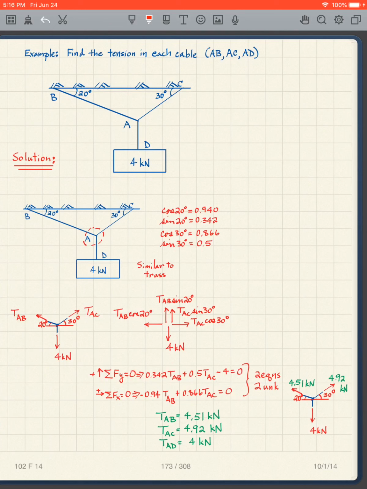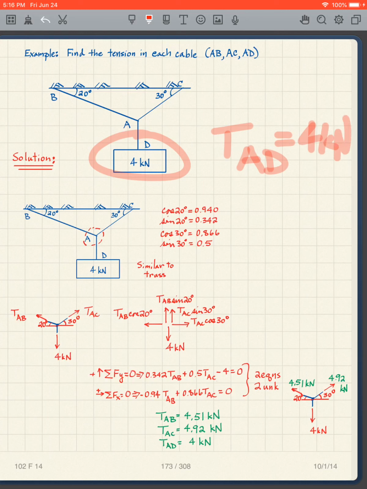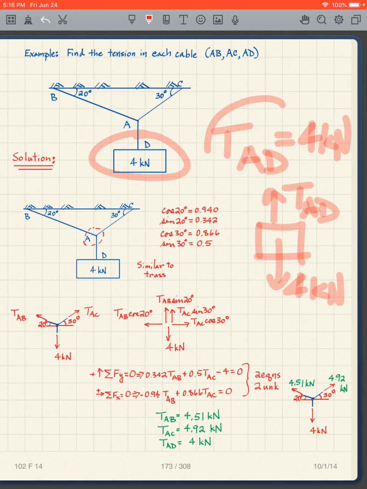So now it should be obvious to you that the tension in AD, TAD, is 4 kilonewtons. Because I could take that free body diagram here, and I've got 4 kilonewtons going down, and I have TAD going up, and so I end up with TAD is 4 kilonewtons.